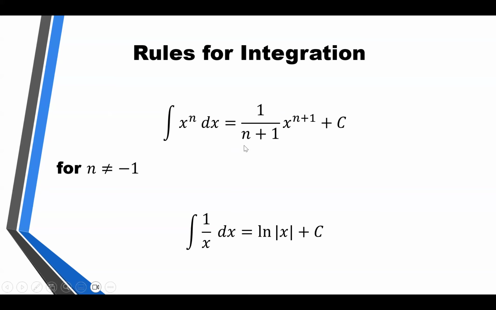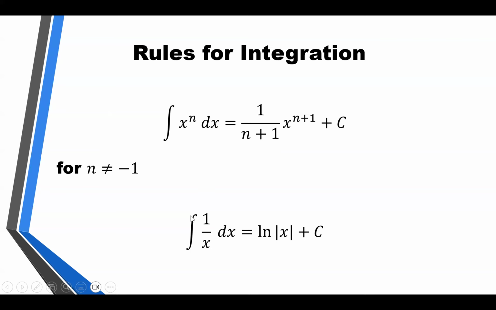Now that technique works as long as n is not -1, because when n is -1, then our denominator is 0, and that doesn't work. Now, when n is -1, then x to the -1 is the same thing as 1 over x.